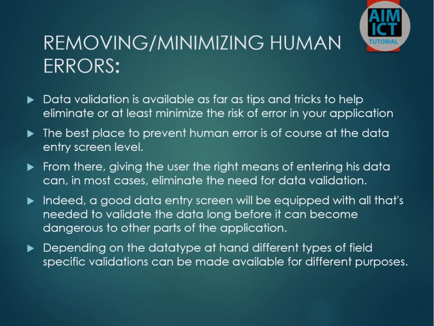Because as you know, a human being can become dangerous to other parts of the application. Depending on the data type at hand, different types of field-specific validations can be made available for different purposes.